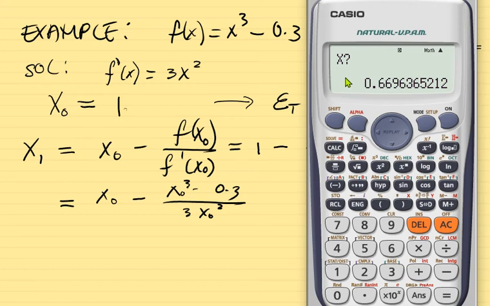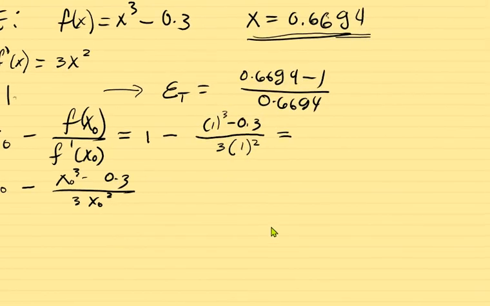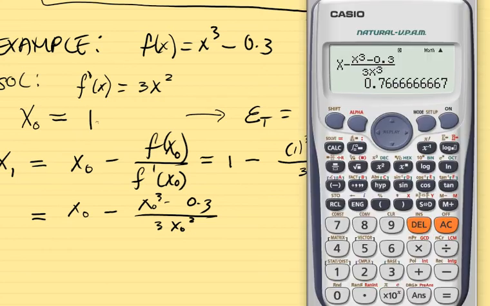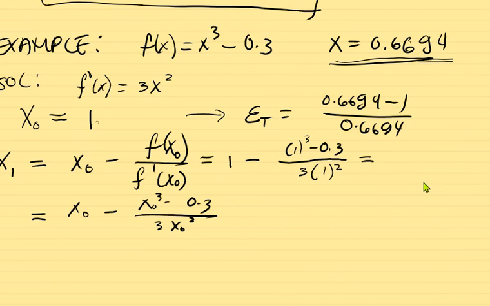Our value for x here is x0, which is equal to 1. So we just put 1, then press equals. Then this will be our answer, which is 0.76667.